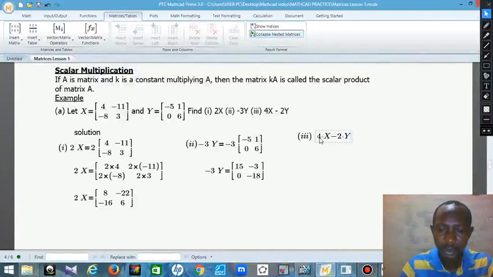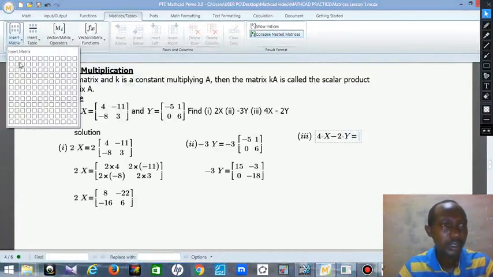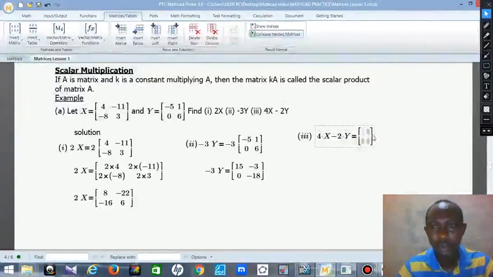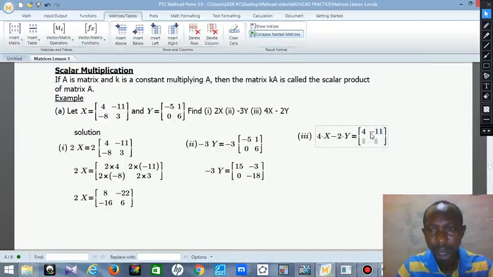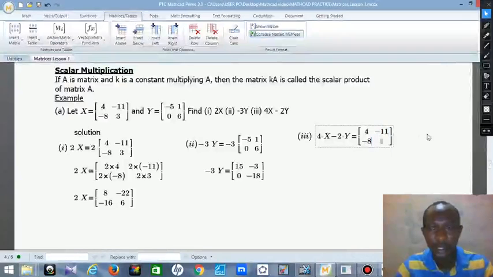This is now going to be equal to, let's get our matrix. So the first matrix here is 4, minus 11, minus 8, then 3.